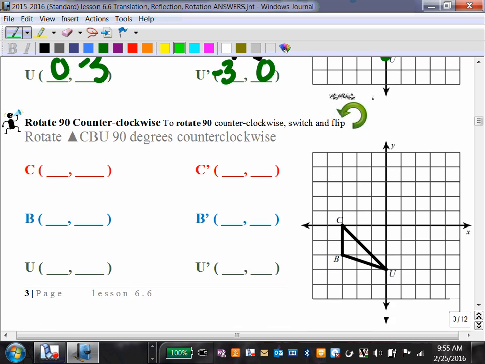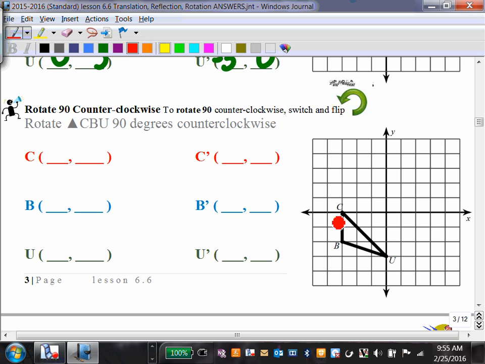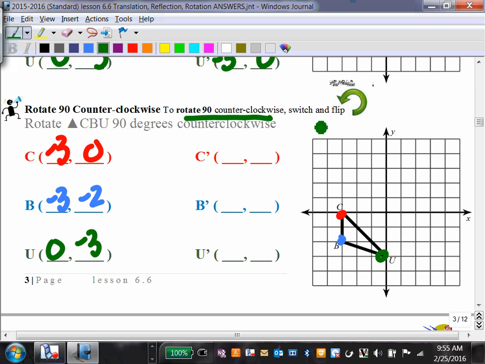Ready? Now we do counterclockwise. Get your originals again. Okay, and it's like this. To rotate 90 counterclockwise, switch and flip to the left.